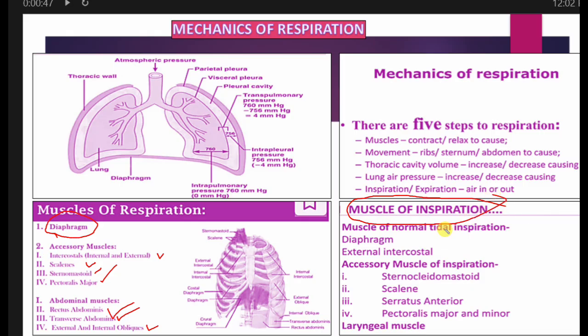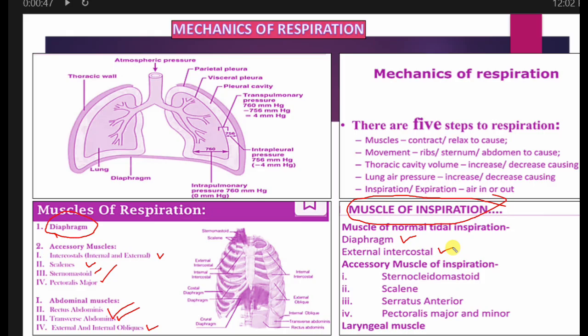And under the muscles of inspiration, we have the primary muscles of inspiration, which are the diaphragm and the external intercostal muscle.